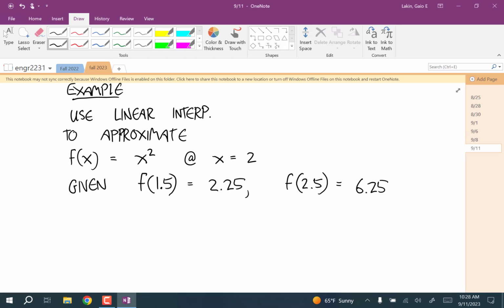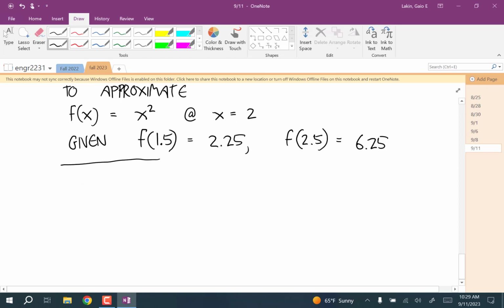Okay, so why do you have to approximate the value of x squared at x equals 2? Just plug it in. But the idea is that with the property tables, we won't know the mathematical function. So all we're going to have to go on is essentially the function value at 1.5 and the function value at 2.5. And so using this linear approximation, we want to see how close we get to an approximate value being 4.